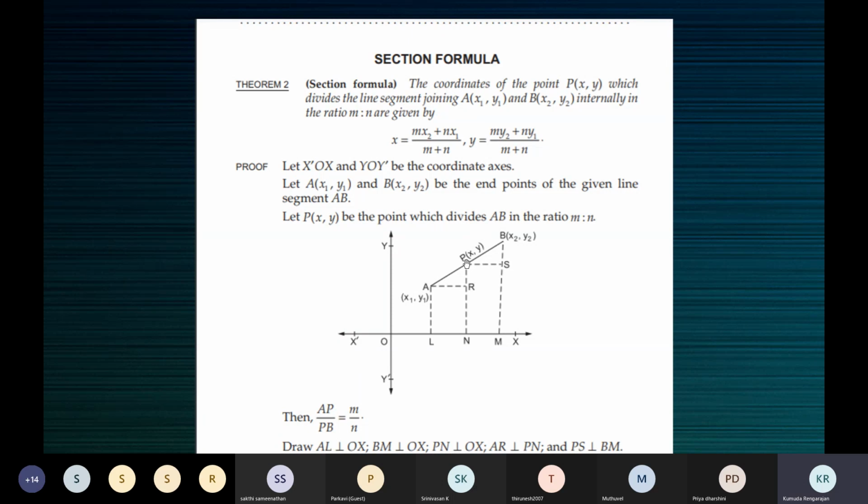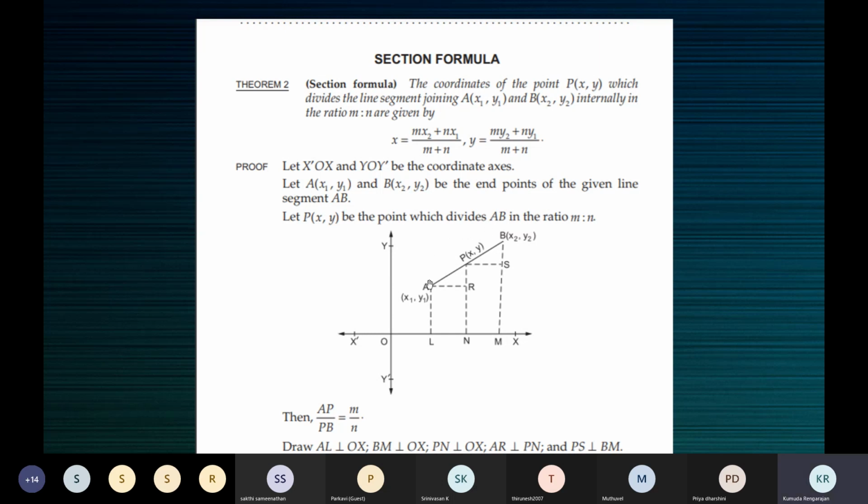And let's say the address of P is x, y. Now, since P lies on the line segment AB, it will divide the line segment AB in some ratio.